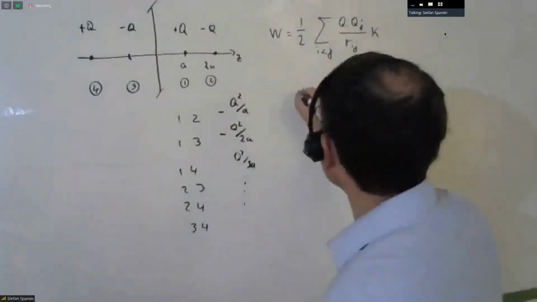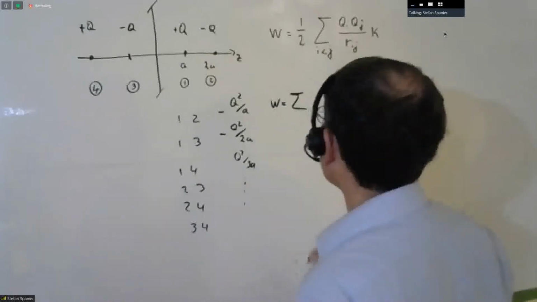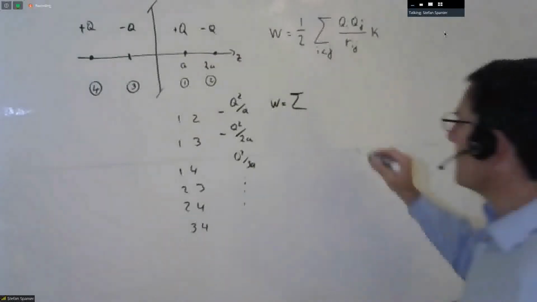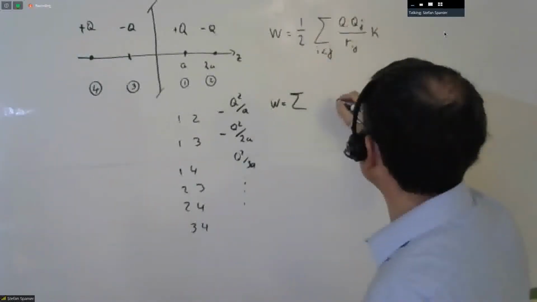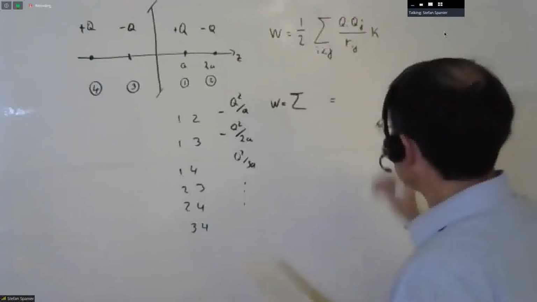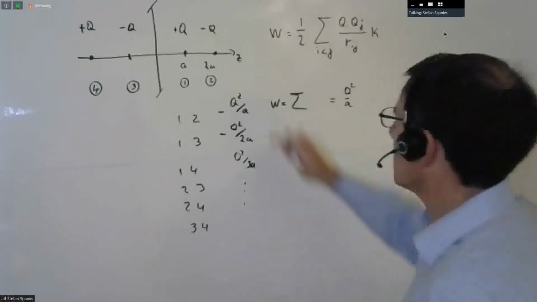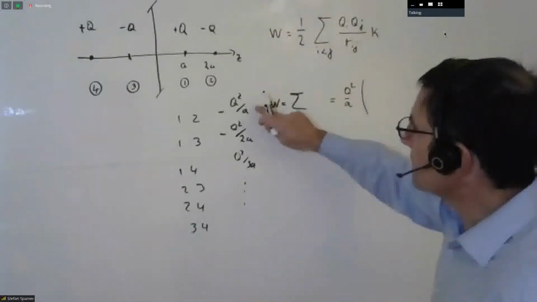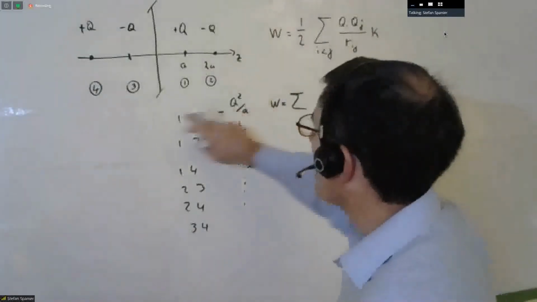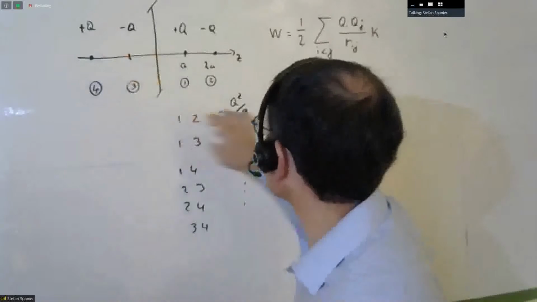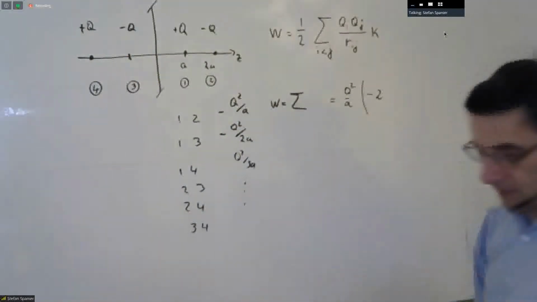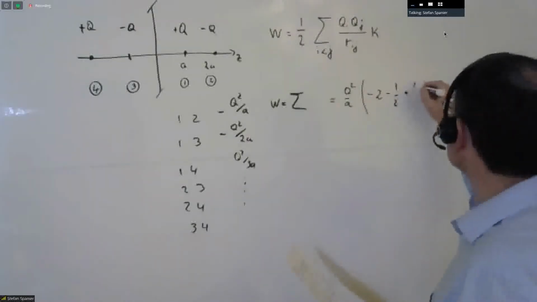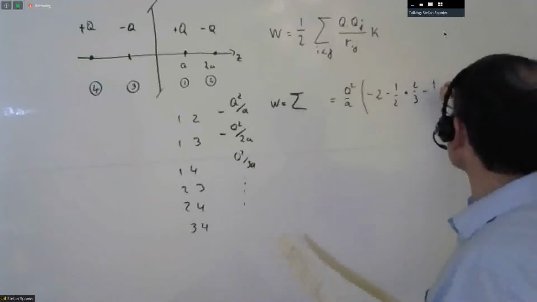So if I sum them up now, here I actually calculate the energy as the sum of the individual terms. And that's q squared over a, which I can, of course, pull out everywhere. So I'm left with, this actually comes about between 3,4, 2,3, it's the same. So this is twice, so minus 2, then minus 1/2, plus 2/3, and minus 1 over 4.